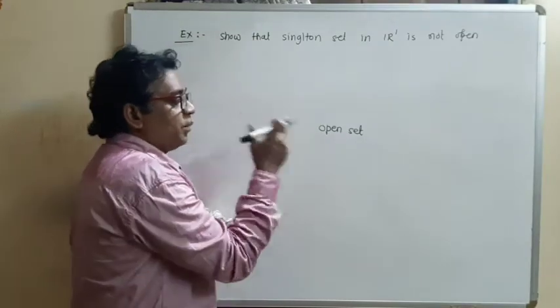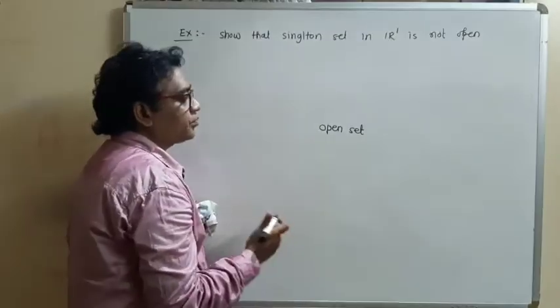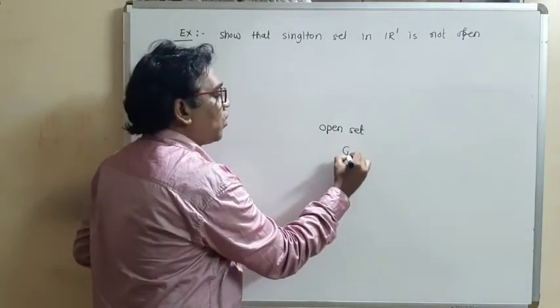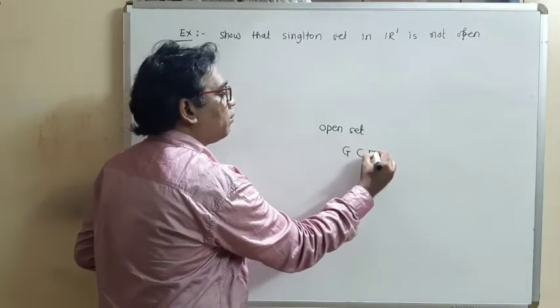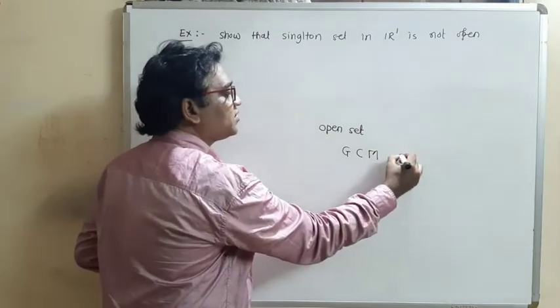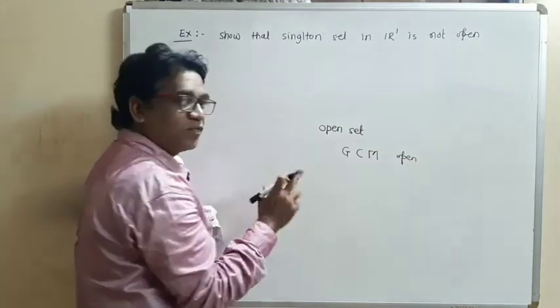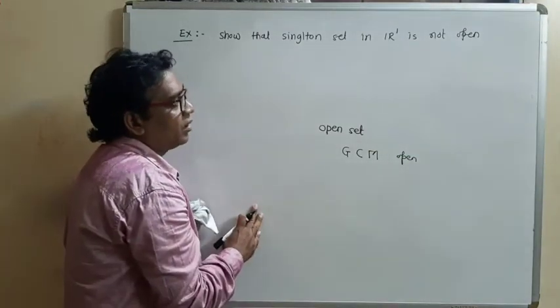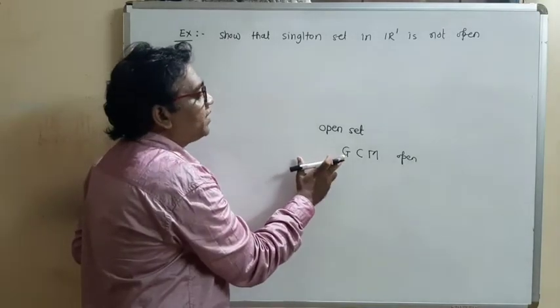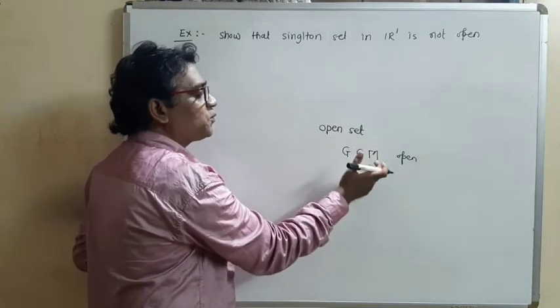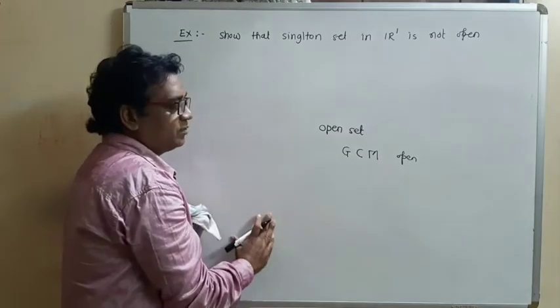Now see what is meant by open set. A non-empty subset G of a metric space M is said to be open.